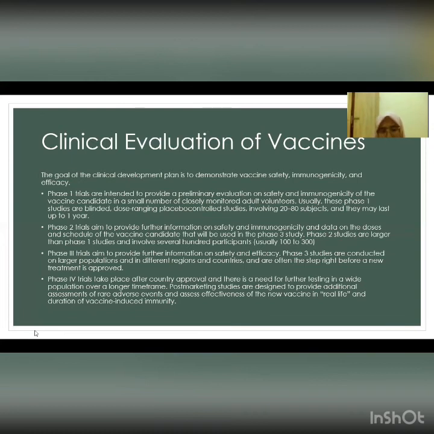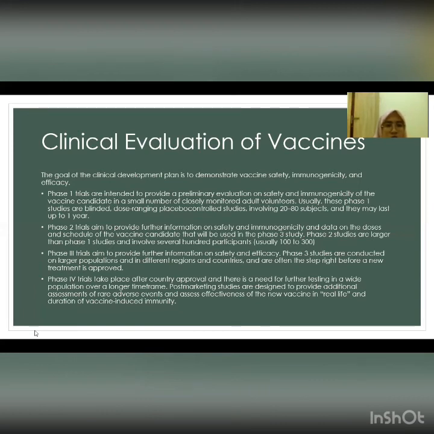They are usually randomized controlled studies, with the Phase 2A studies focusing on immunogenicity, dose, and schedule finding, whereas Phase 2B studies are designed as proof of concept efficacy trials.